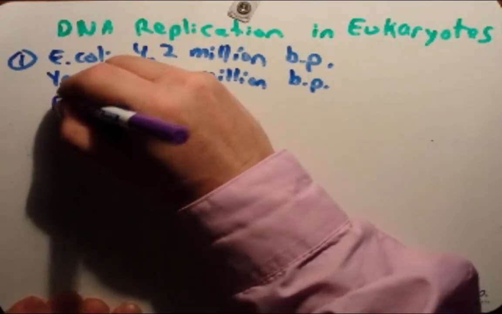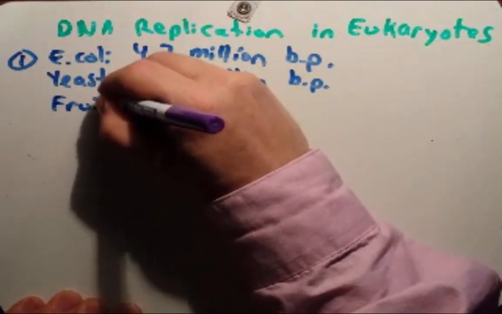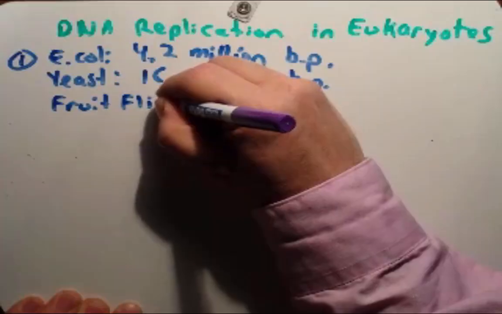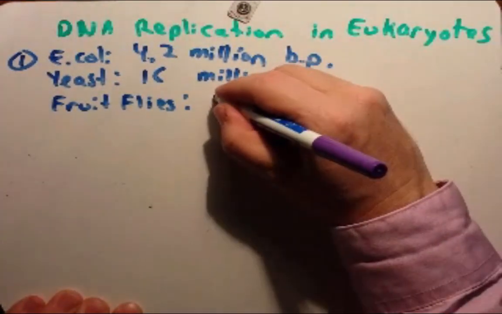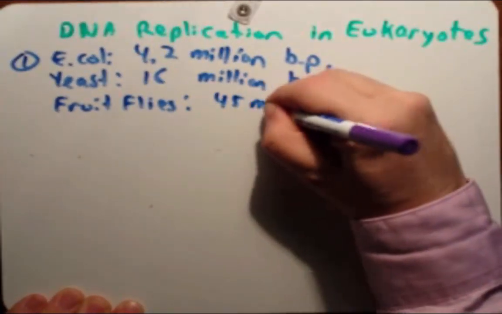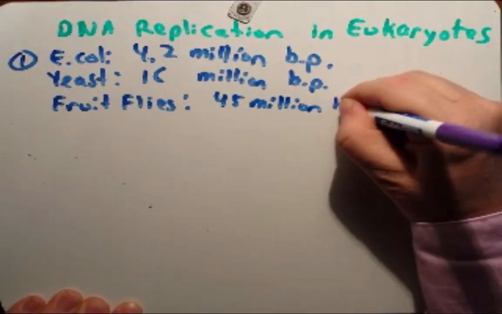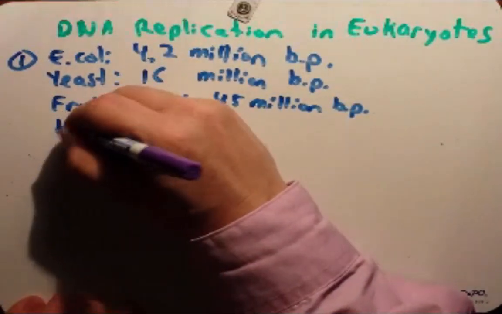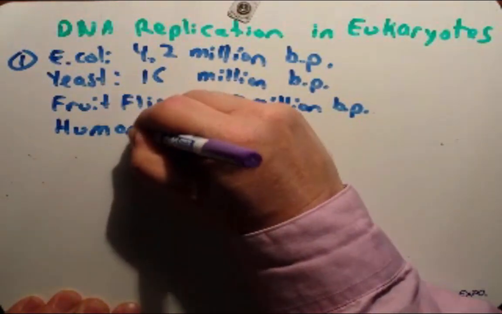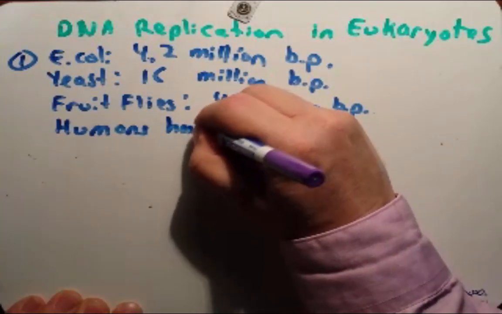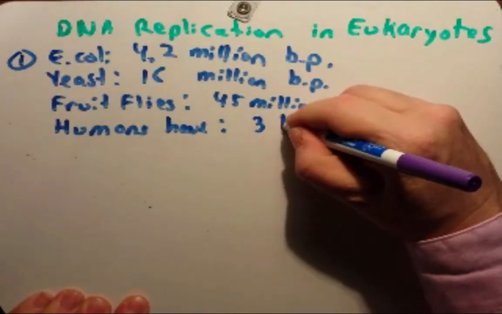Fruit flies, like you worked with in the lab, have 45 million base pairs. And humans have 3 billion base pairs.